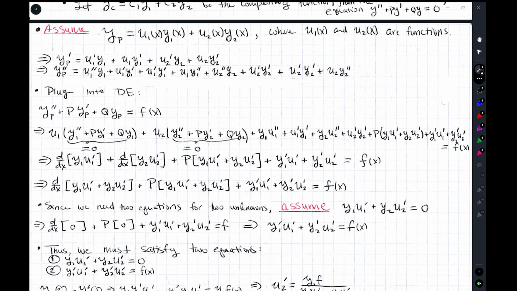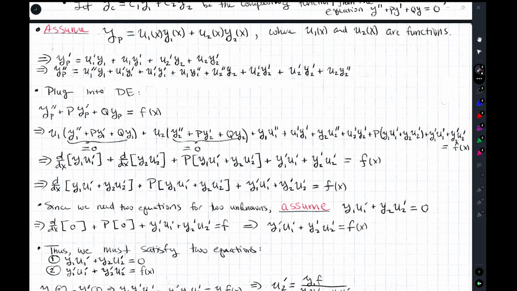And now this is a single equation for two functions, u1 and u2. Remember, that's what we're solving for. Once we have both of those, we have our particular solution.